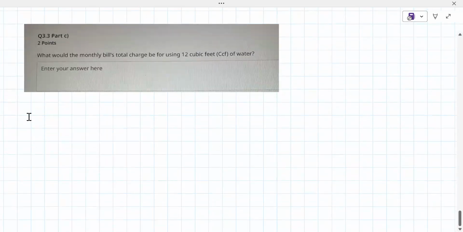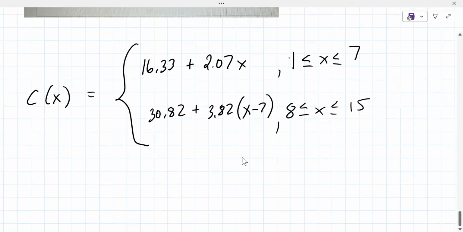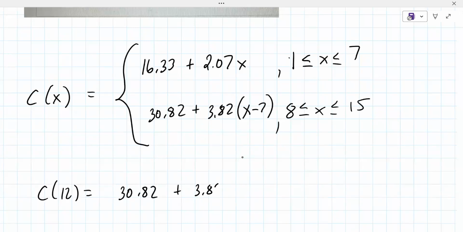So we're asked to find the cost for 12 cubic feet. What that means is you have to decide which one am I using? Is 12 between 1 and 7, or is 12 between 8 and 15? 8 and 15. Right, so you put 12 into the second function. The cost of 12 is 30.82 plus 3.82 times 12 minus 7.